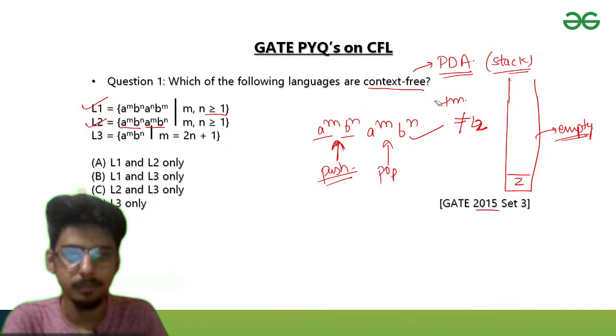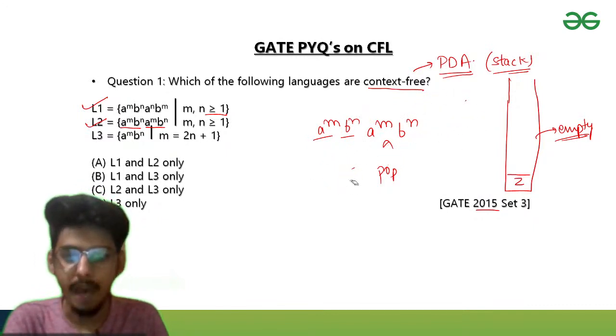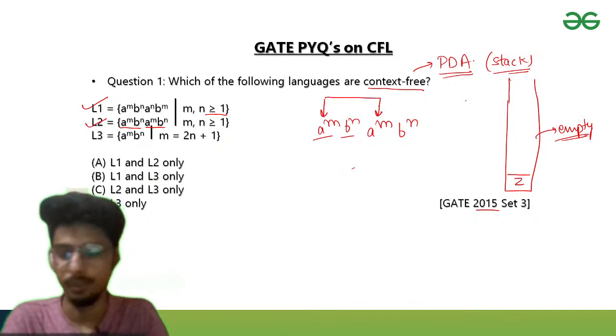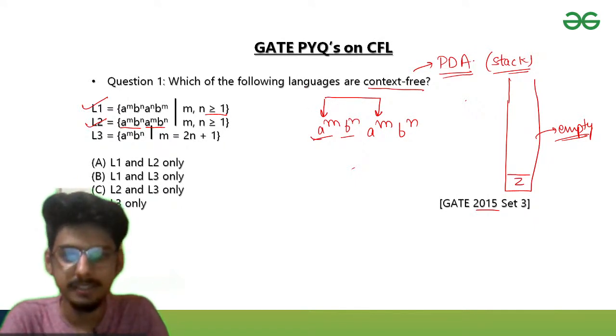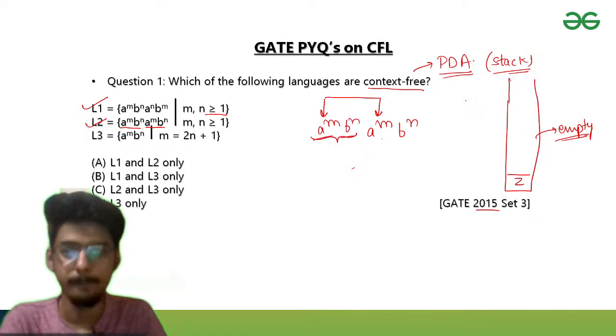Let me remove everything so that it gets a bit clearer. I also have to compare these A's with these A's. You can't just compare this sum of A and B with that sum of A and B, right?